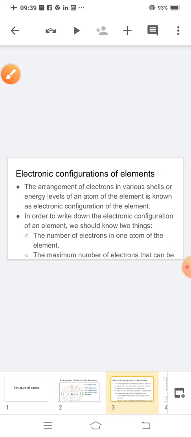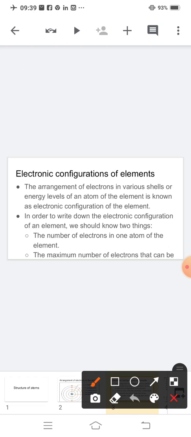What do you mean by electronic configuration of the element? The arrangement of electrons in various shells or energy levels of an atom of the element is known as electronic configuration of the element.